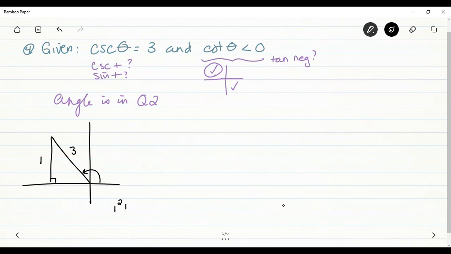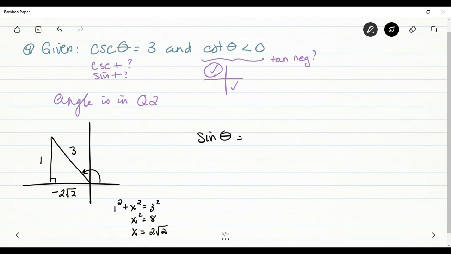Doing the Pythagorean theorem, 1 squared plus x squared is equal to 3 squared. So x squared is equal to 8. And you do need to reduce in radical form as a simplified radical, and you get 2 radical 2. So now on the x axis, we have 2 radical 2 as our length, but direction is negative.